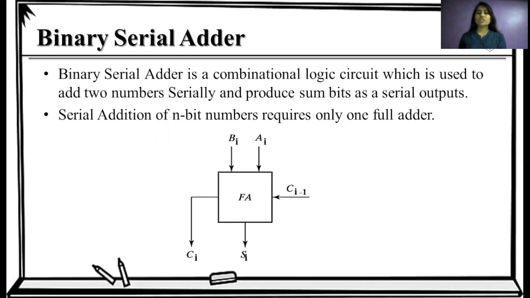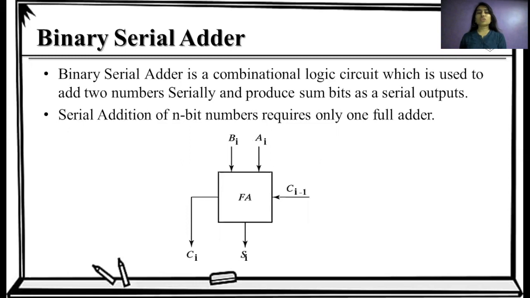First add A0, B0 with this full adder. So we have a sum bit S0 and a carry bit C0. After addition of A0, B0, give A1, B1 and previous carry C0. So the next addition is A1 plus B1 plus C0. So we have an S1 bit and a C1 carry bit.